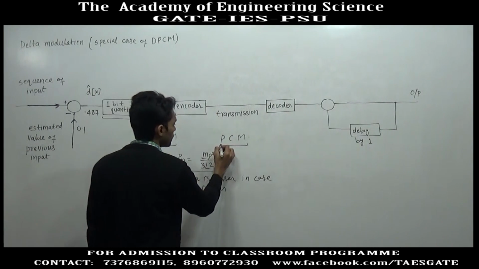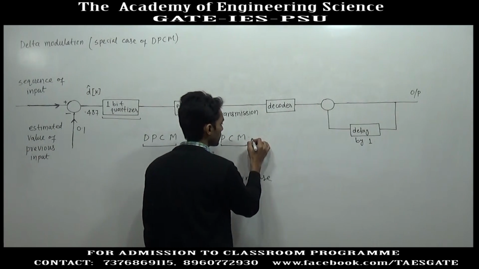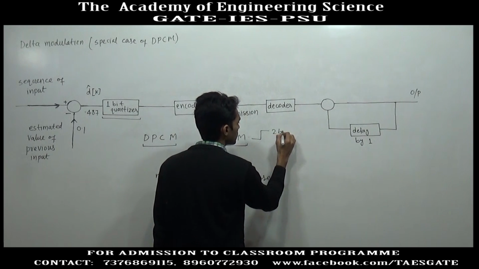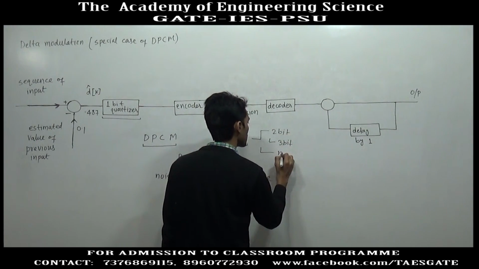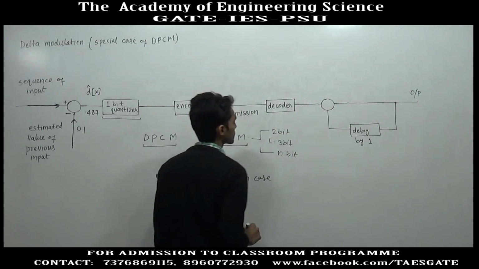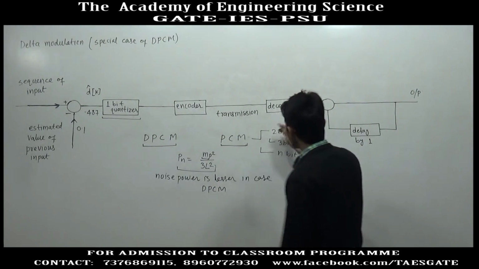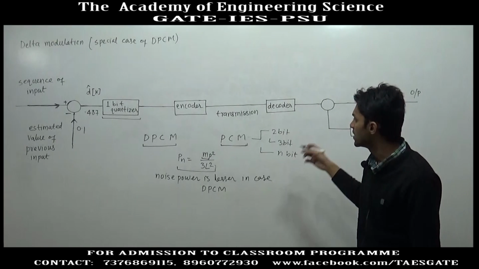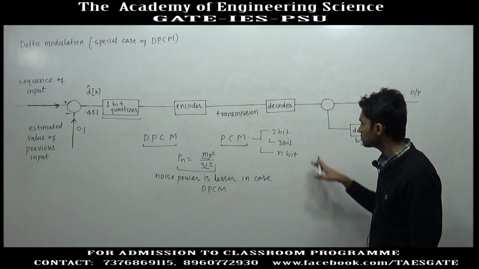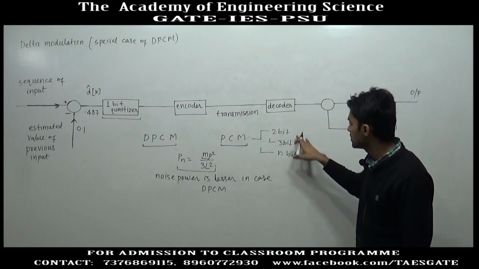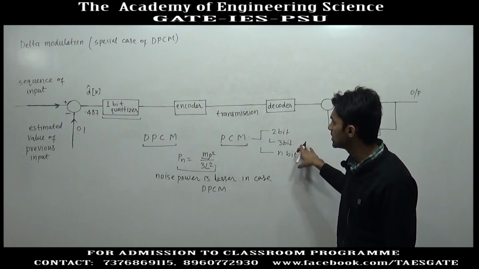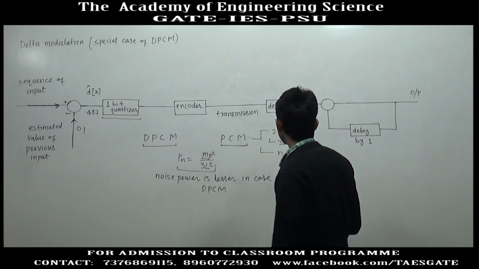In pulse code modulation, we may have 2 bit, 3 bit or n bit quantizer, depending upon the quality of transmission. If we want better quality, the number of bits in the quantizer should be high.